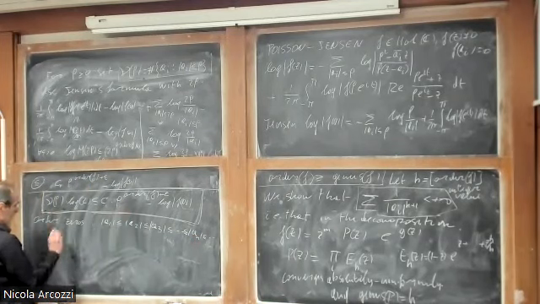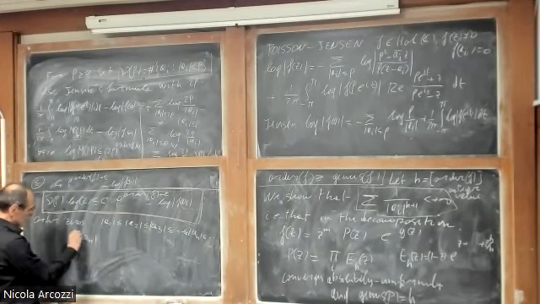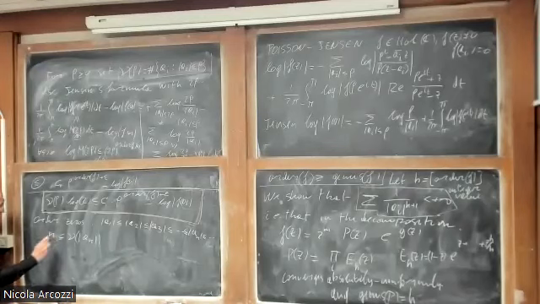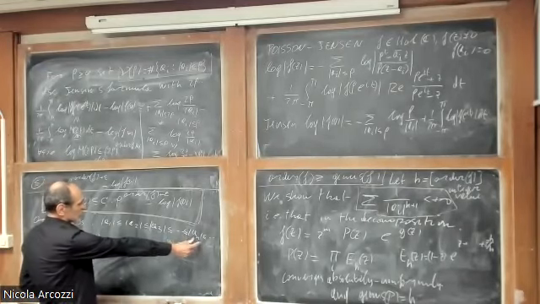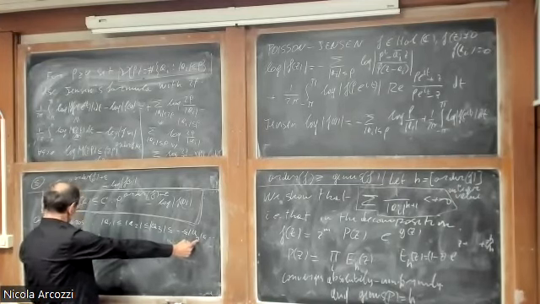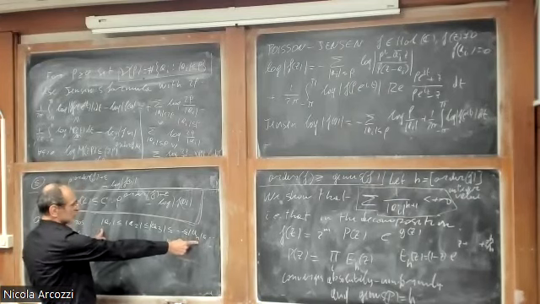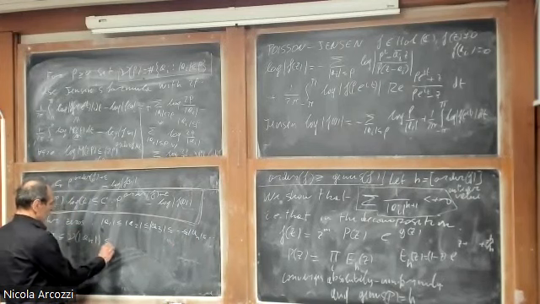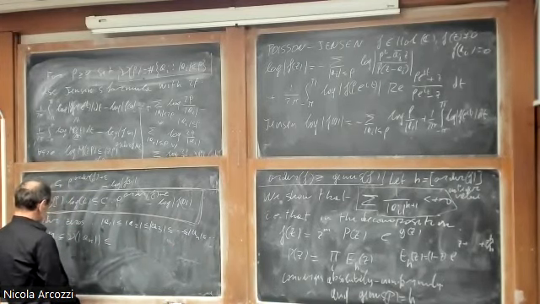That means that mu of a_n is greater than n, right? Because the number of zeros which have modulus less than or equal to this one is at least this zero over there. And this relation here says that this is less than or equal to a constant.